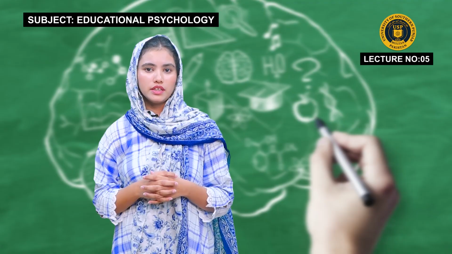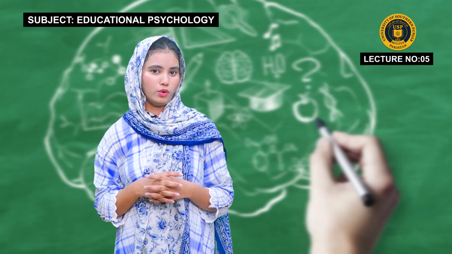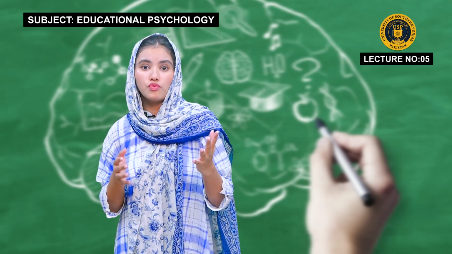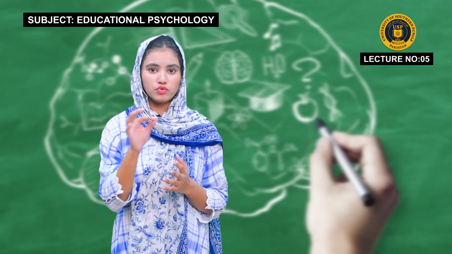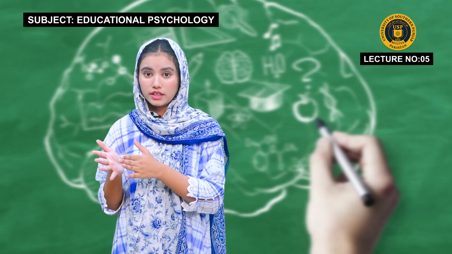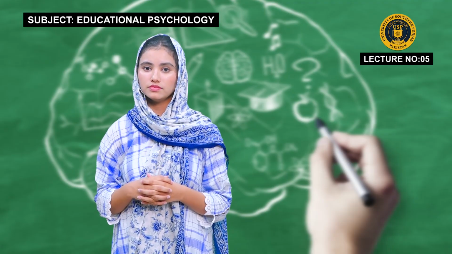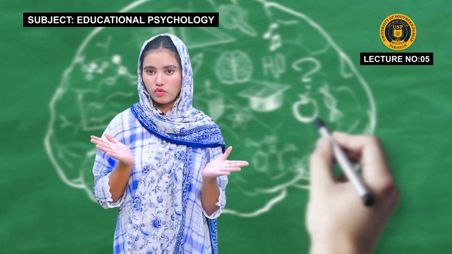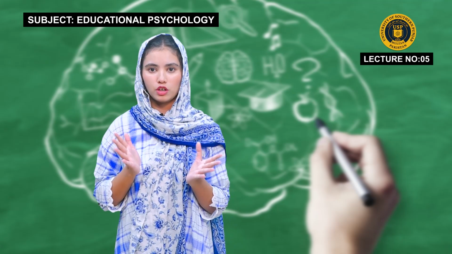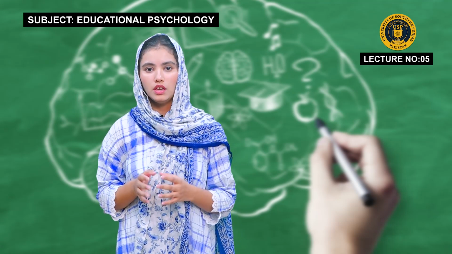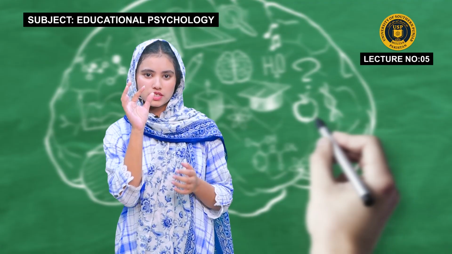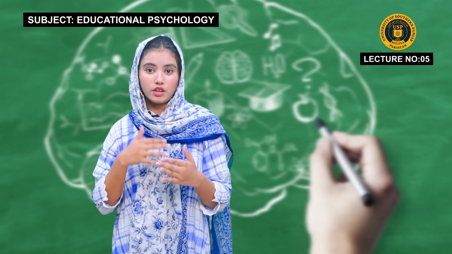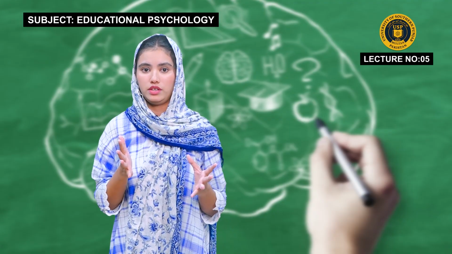Now that we understand the basics, let's explore how two influential theorists, Jean Piaget and Lev Vygotsky, have shaped the way we think about cognitive development. Piaget's theory of cognitive development: one of the most well-known figures in developmental psychology is Jean Piaget. He viewed children as little scientists, naturally curious and actively engaged in building their own understanding of the world.